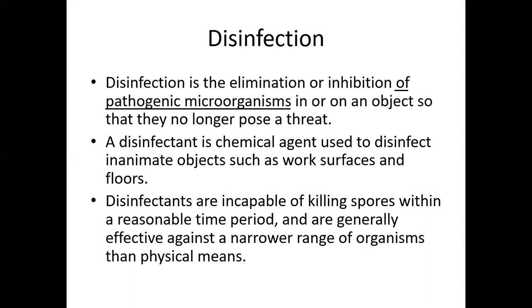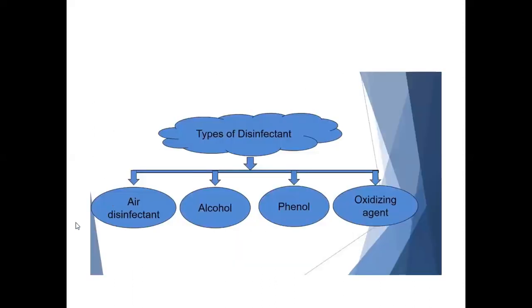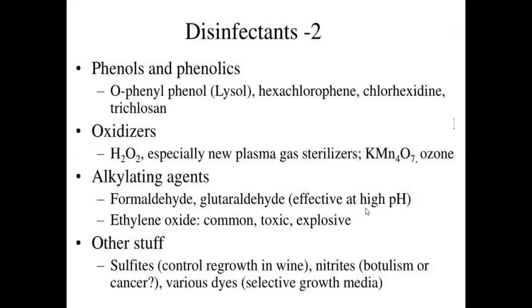Disinfectants are incapable of killing spores within a reasonable time period and are generally effective against a narrow range of organisms. Types of disinfection: air disinfectants, alcohol, phenol, and oxidizing agents by chemical structure. Disinfectants: phenols, oxidizers, alkalizing agents, and some others like sulfides.